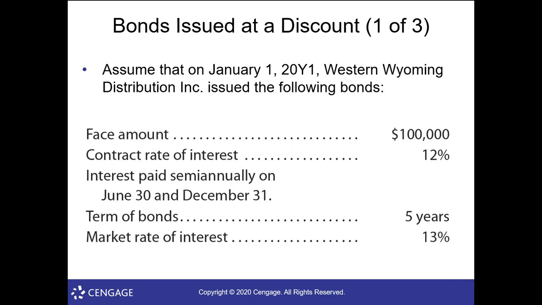So let's assume the same basic information, only now the market rate is 13%. So you're paying the market 12%. That's not good enough. They want 13% because of the amount of risk that they determine is in Western Wyoming Distribution's bonds.